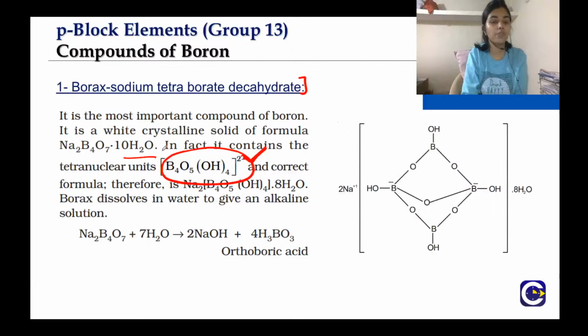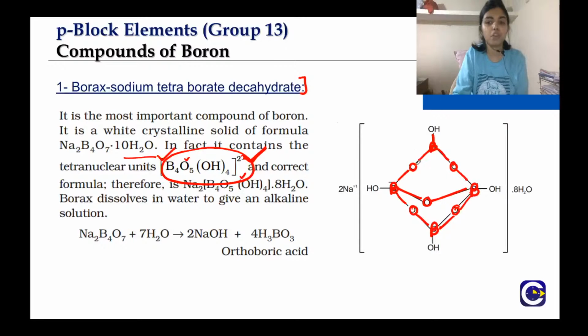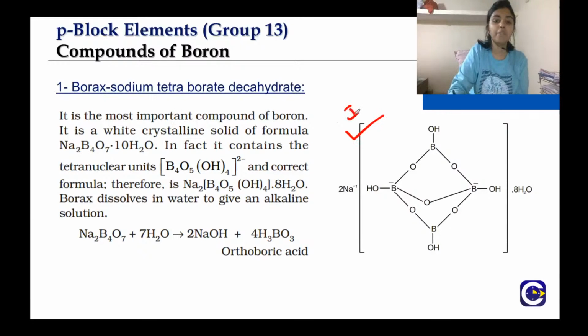You can use either of the formulas, however this is the correct way of representing it, as you can learn the structure of borax through this formula. Here you have 4 borons with 4 OH. So this is the main structure of borax which you need to learn. It is very important from the examination point of view. Now borax on dissolving in water gives what?